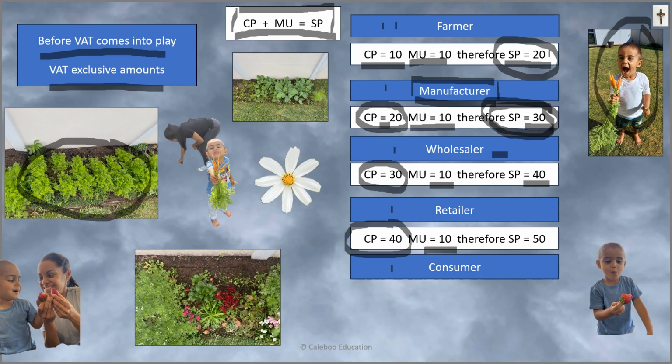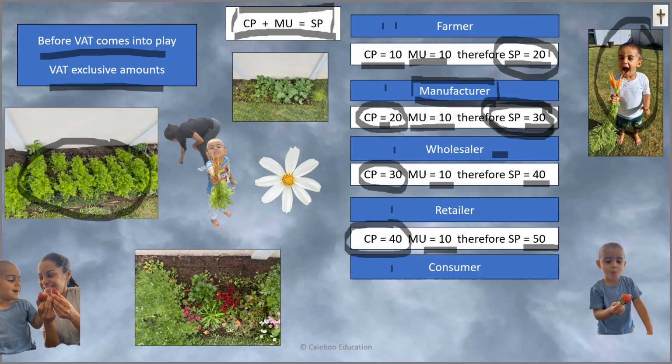I've been consistent with the markup on each level, and the selling price to the consumer will be 50. So that is how, without VAT, items get more expensive at each level of production.